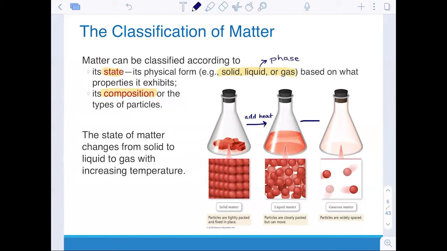If we add heat to a liquid, we can turn it into a gas, like water vapor. So knowing whether a substance, whether it's an atom or a molecule, is a solid, liquid, or gas in a reaction can help us truly understand how it is reacting.